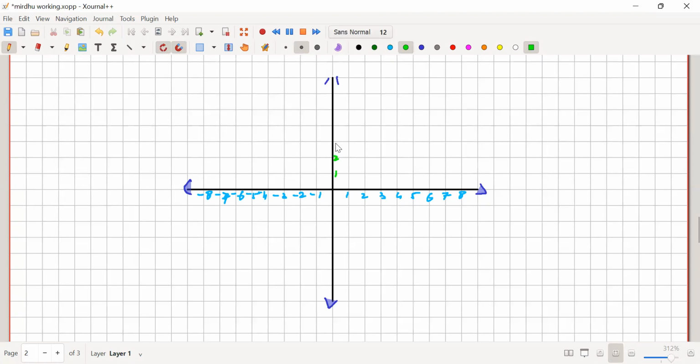On the other axis, 1, 2, 3, 4, 5, 6 and -1, -2, -3, -4, -5, -6. Okay? X, X dash, Y, Y dash, positive and negative.